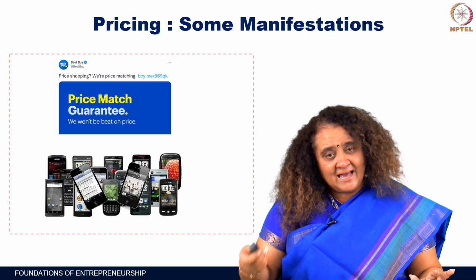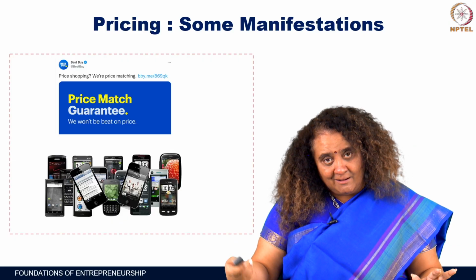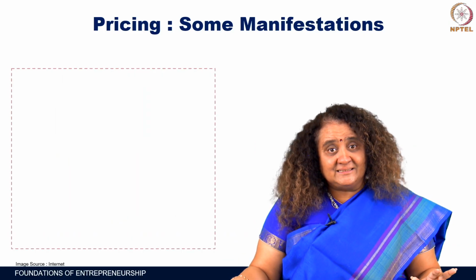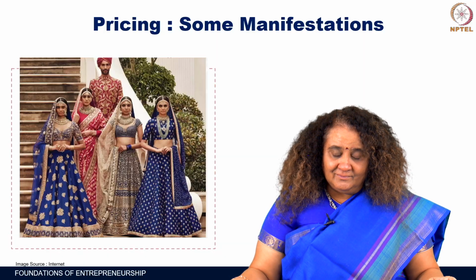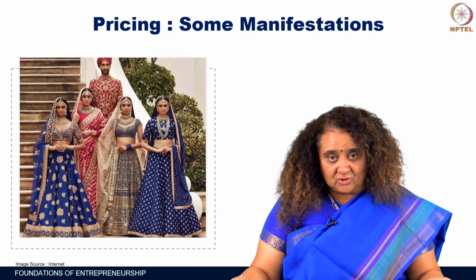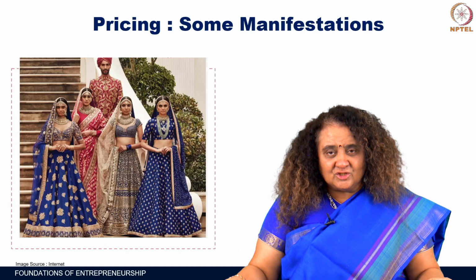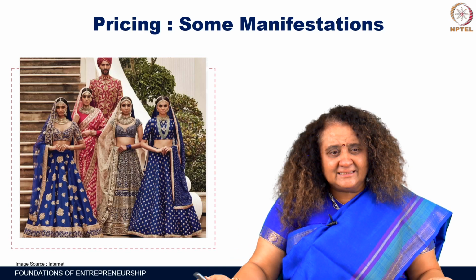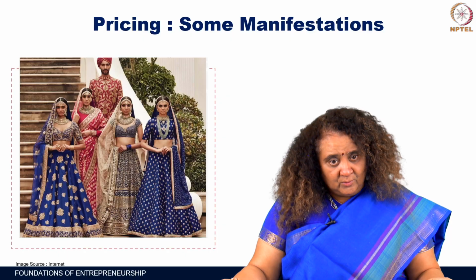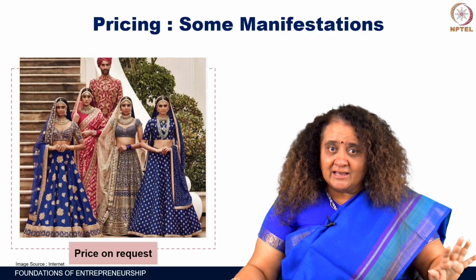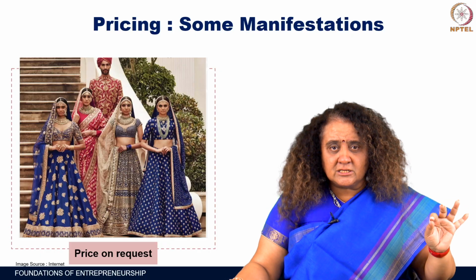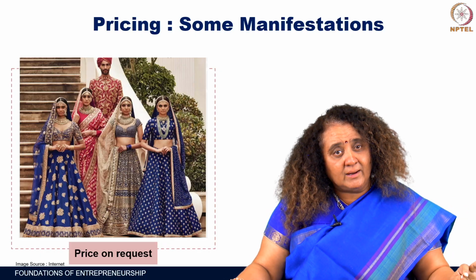Here is an example of perceived value pricing. Here is a picture, there is no price written anywhere on this picture. I chose to remove the brand and so on, but in very small font at the bottom, it says price on request.